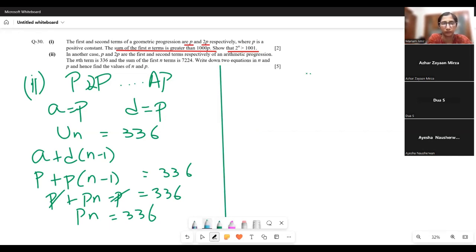Then it says that the sum of the first n terms is 7224. So Sn equals 7224.